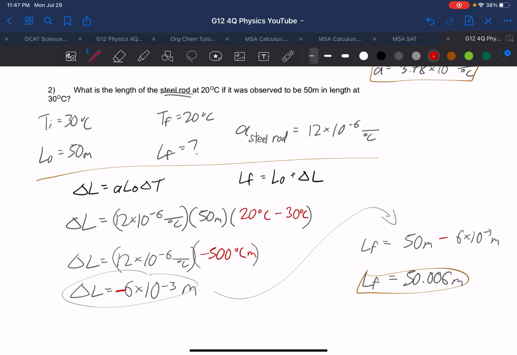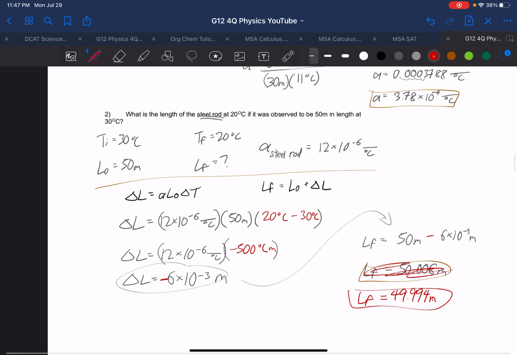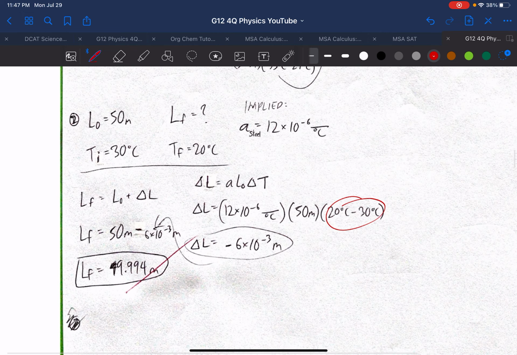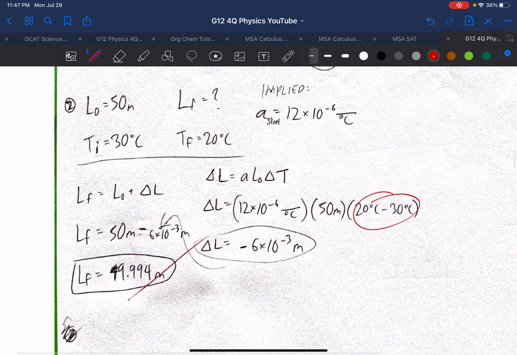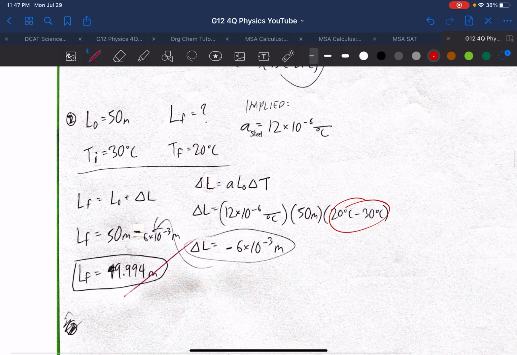So in that case, if it's a minus instead, the answer isn't that. It's this. 49.994 meters. Which is exactly the answer in the answer key.